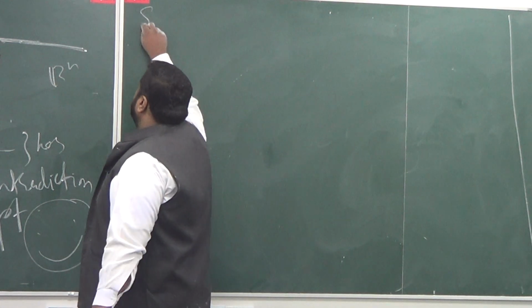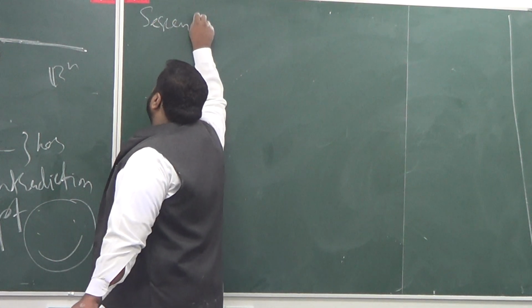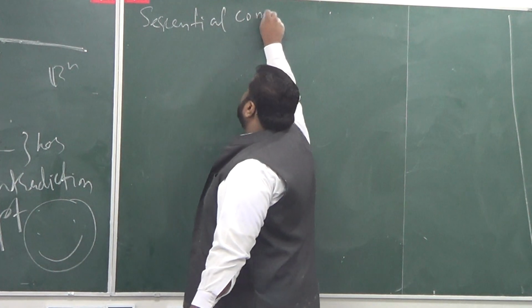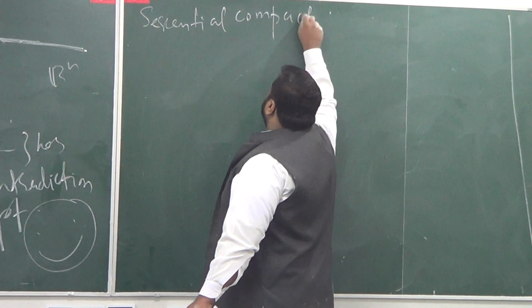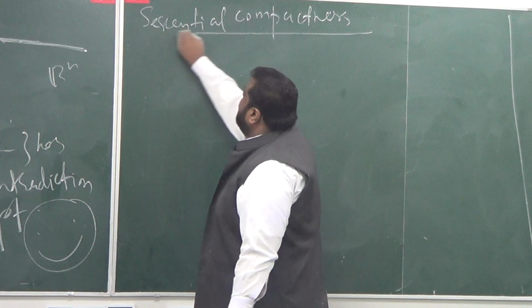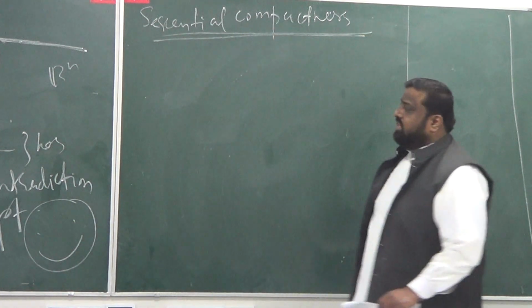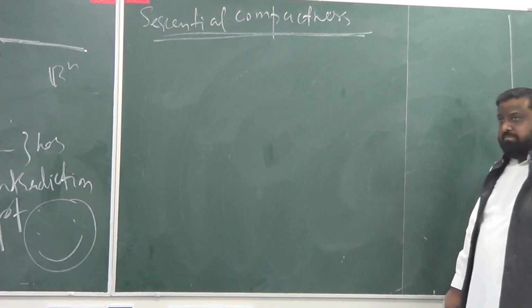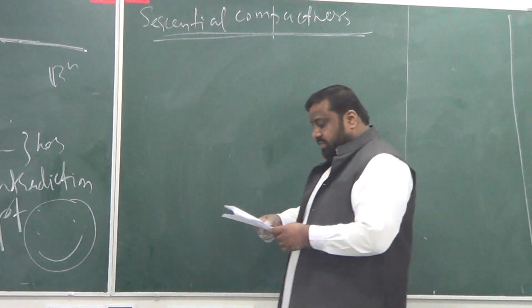I'm defining a kind of compactness. It's called sequential compactness. Last two results. So what do we mean by it?